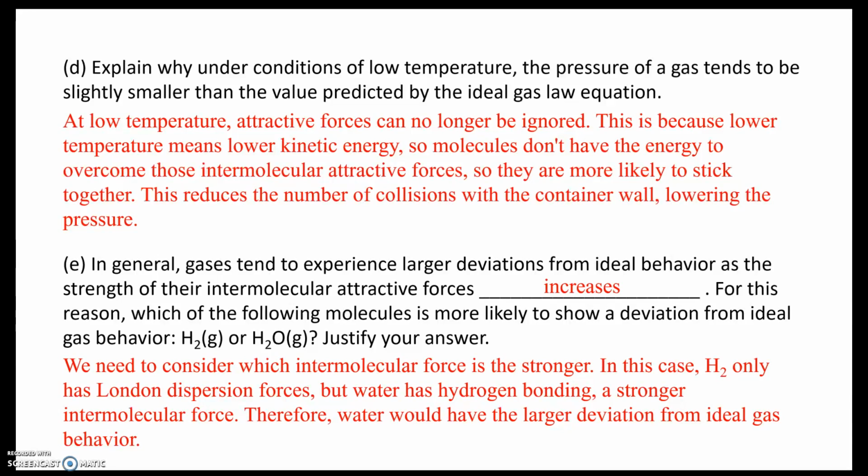In our case, we're only comparing hydrogen and water, and hydrogen only has London dispersion forces, which we will learn about a little bit more in the next unit. But water has hydrogen bonding, which is a pretty strong intermolecular force, and therefore water would have the larger deviation from ideal gas behavior.